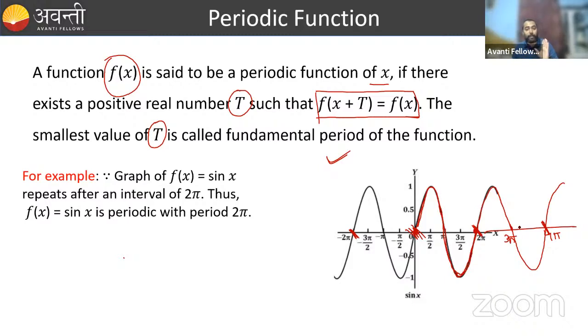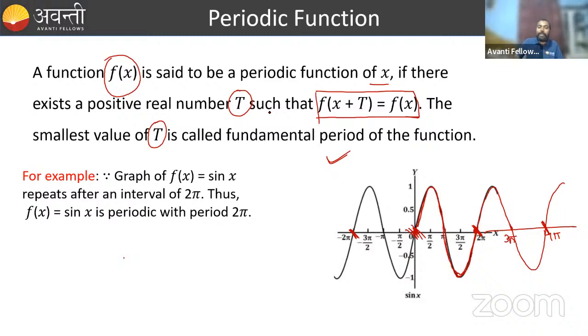What is the fundamental period? It is the smallest positive value of t for which the graph or the values of the function repeat themselves. That is 2 pi. 2 pi is the smallest interval for which the values repeat themselves.